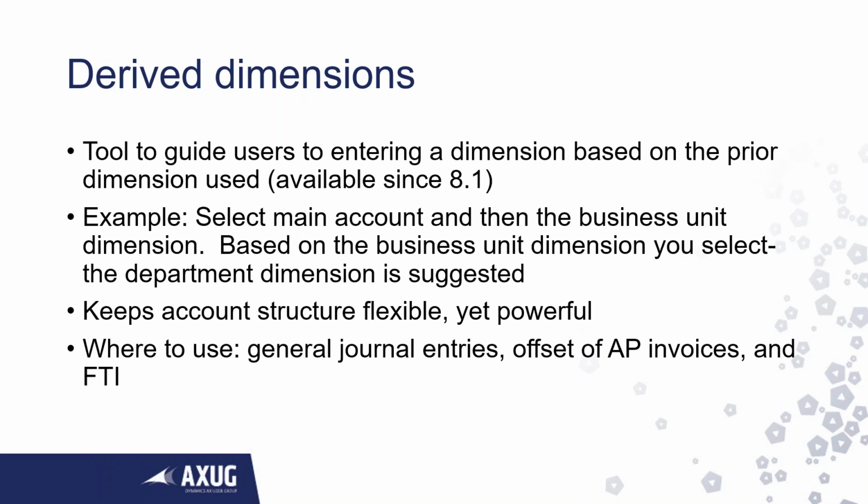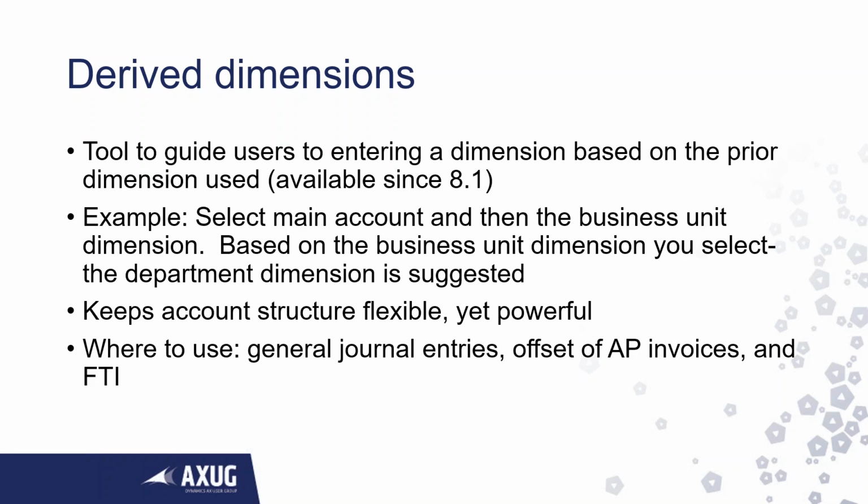It's basically a tool to guide users to entering the dimension based on the prior dimension that they picked before. For example, if we selected a certain main account and then a business unit, whatever business unit we selected, a department dimension will be suggested. So this keeps your account structure flexible yet powerful, because it's already guiding your users to the dimensions that you want them to pick.